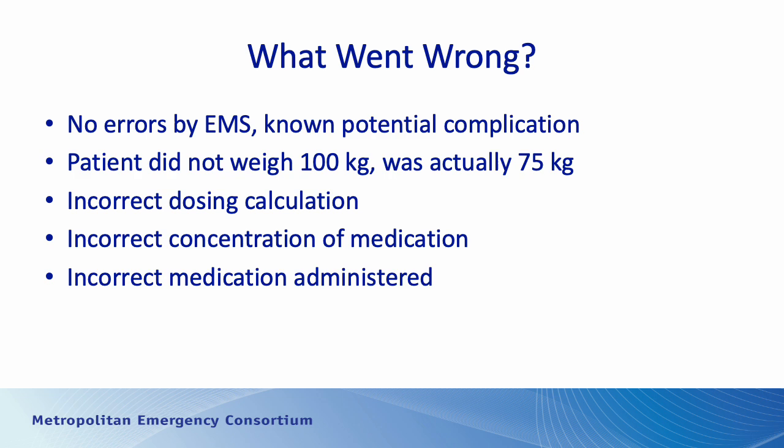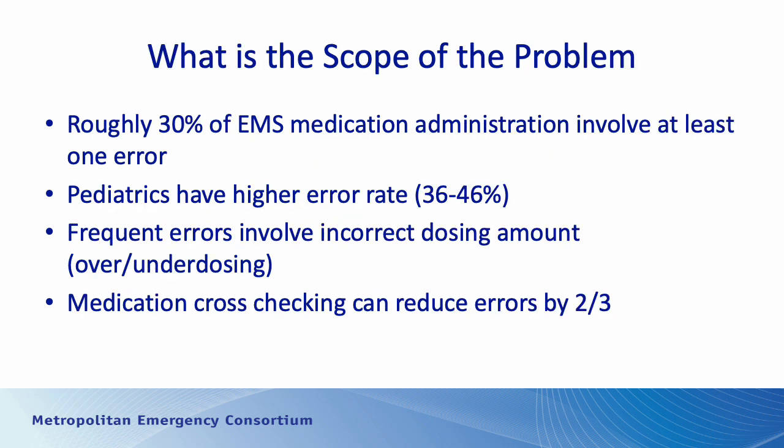Or it could have been that the incorrect medication was administered. In other words, the partner, instead of drawing up ketamine, drew up a paralytic. All these things are possible, and we'll talk more about this after I go through the other materials. But just think about it as we go.